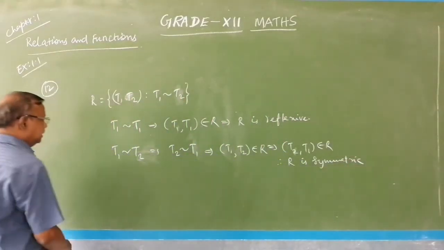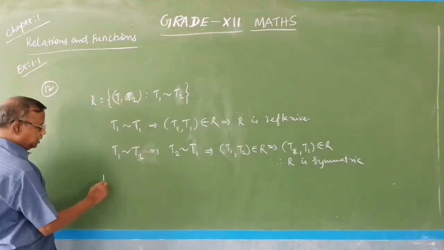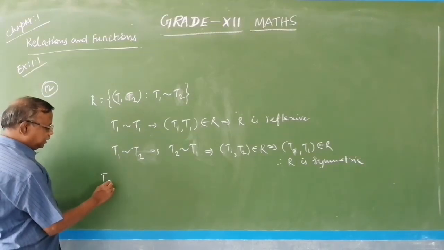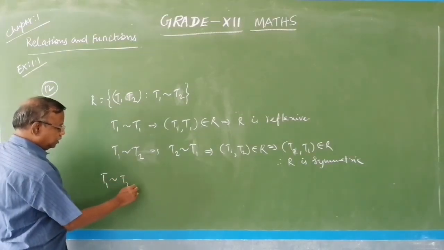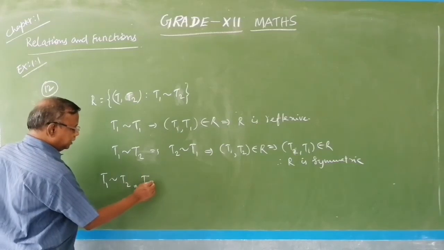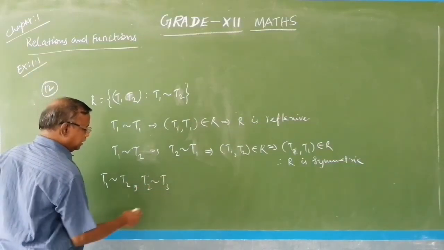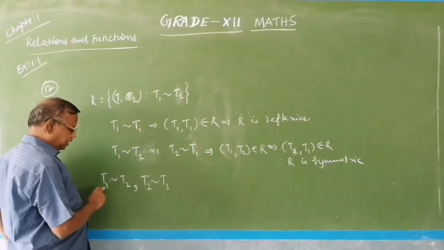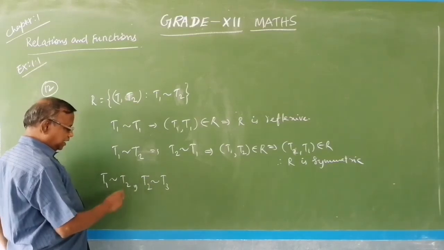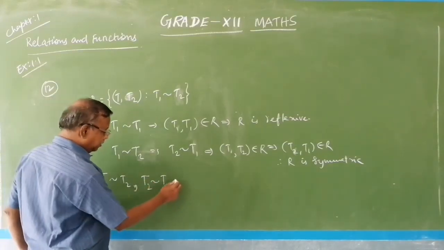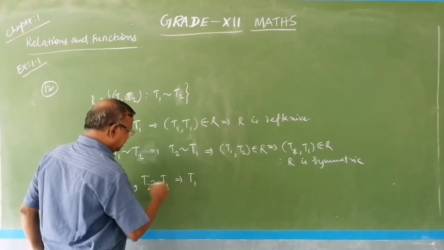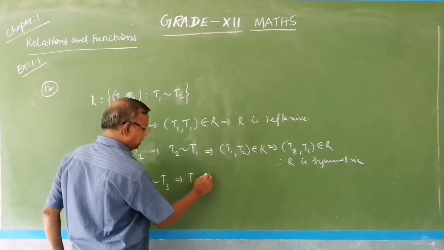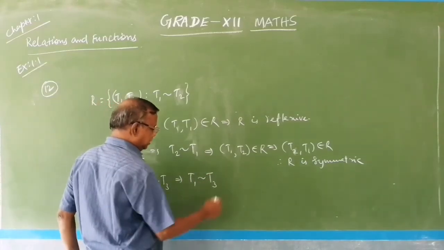Now, take any three triangles, where the first triangle T1 is similar to T2, and the second triangle T2 is similar to the third triangle T3. This gives that T1 is definitely similar to T3.